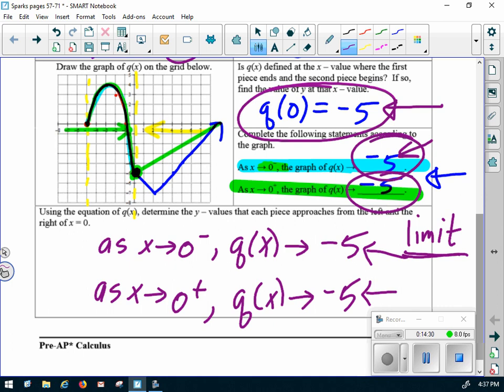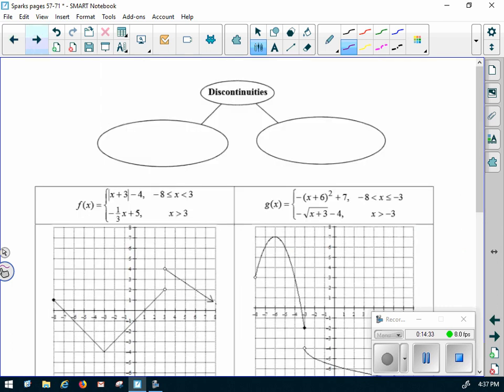The angels are singing now a little bit. Next page. There are two kinds of discontinuities that we're going to deal with. One is called point discontinuity. And a point discontinuity happens when two pieces connect at an open circle.